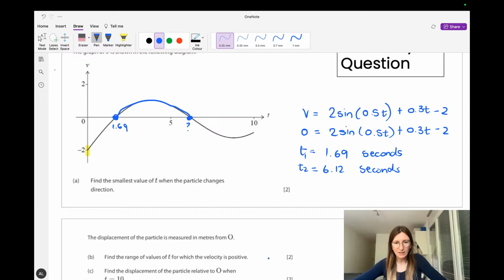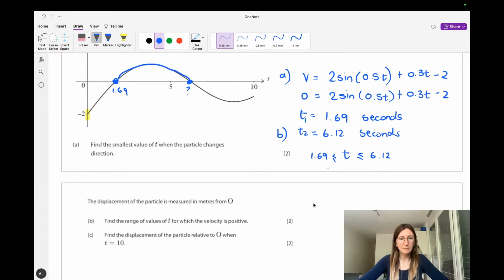So we can say for, that was A, this is B. So between 1.69 and 6.12. And sorry, not x, I should say t. These are the range of values for which my velocity is positive.